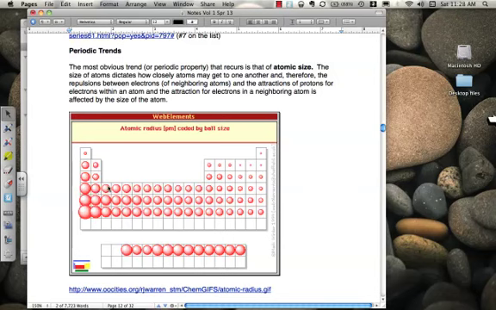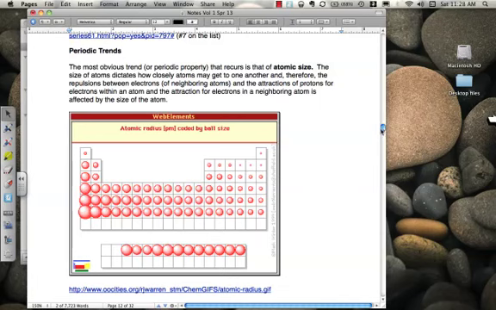He even created gaps where elements had not been discovered yet. There are quite a few that had not been discovered, based on putting elements into rows and columns based on their similarities. So we're going to get started with the most important trend, and that is that of atomic size.